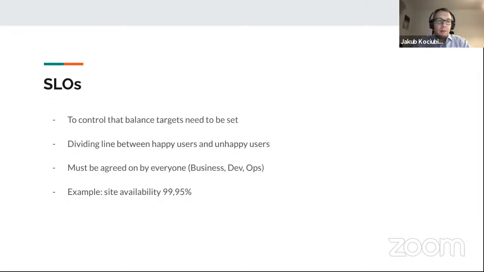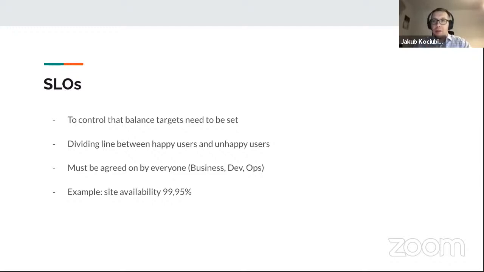So as we said, we need to control that balance between being reliable and introducing new features, experimenting, getting new stuff, and upgrading our hardware, all of those good things. We need to set a level that everyone in the company agrees on.